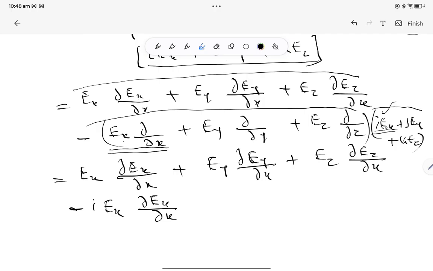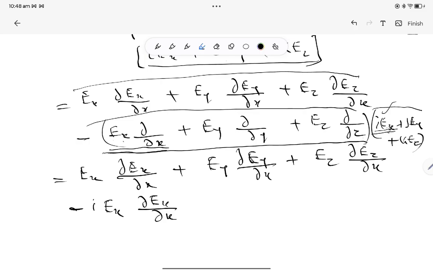Now, since this is a scalar, when you multiply it with this, you multiply this first with this term, then this whole with this term, then this whole with this term. When you multiply it with this term, you get ex del by del x ex, the first term, that has i.